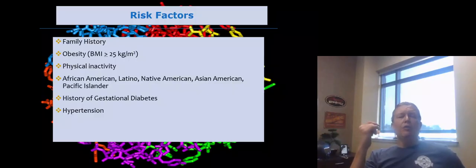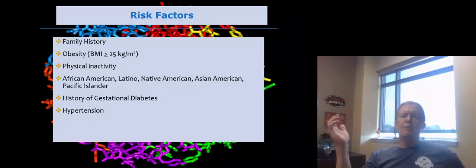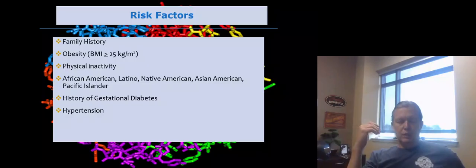Physical activity also is considered a risk factor. And then African American, Latino, Native American, Asian American, Pacific Islander. This is just referencing the minority populations that I alluded to earlier in the obesity lecture.